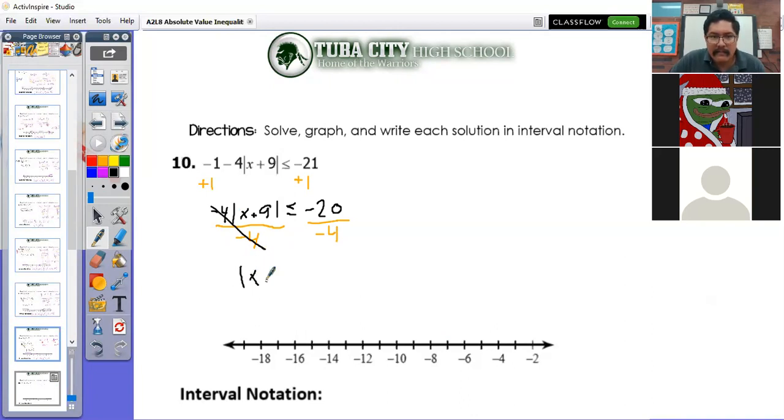X plus 9. And again, okay, hold on a minute. Since I divided by a negative, I almost missed that. No, we're dividing by a negative, so let's flip that sign. But I should have. I flipped it.